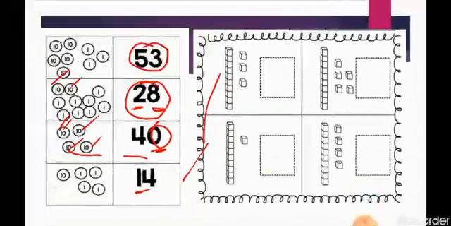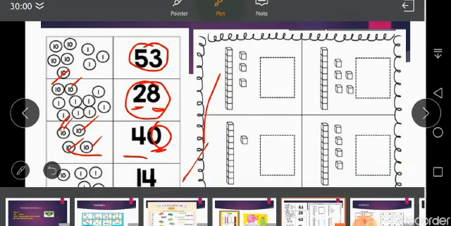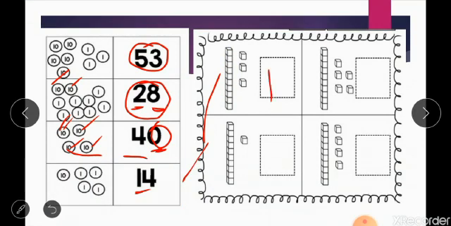Now you're going to say the answer. In each box we have some tens rods as well as some ones blocks, isn't it? One tens rod makes 10, so I can write 10 with the tens rod and individual blocks 1 2 3, so this is your 13.